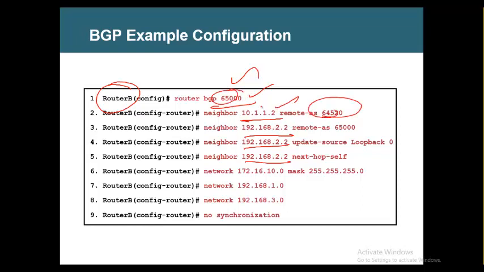This is an iBGP neighbor because it's the same autonomous system number. We need to advertise the network if we wish to advertise, because the neighbor command is not going to activate the neighbor advertisement. We need to match with the mask if it is not classful. And this command is no more needed because it is already no synchronization by default.